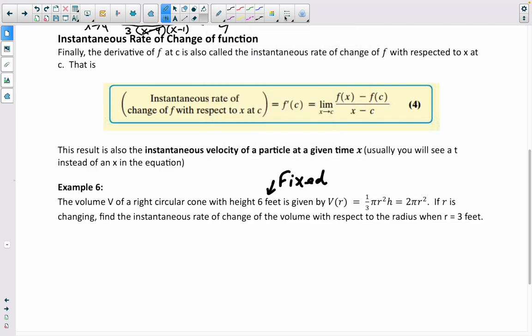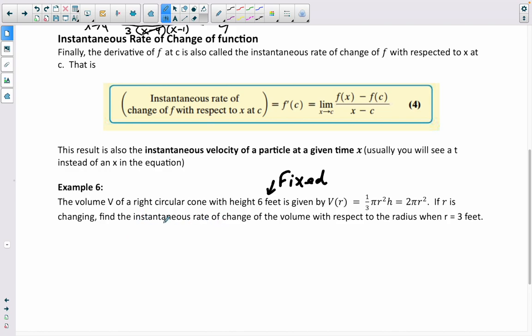That can change depending on the conditions or the parameters of different problems. So in this right circular cone, r is changing, right? If r is changing, the height is fixed. You can imagine the cone getting thinner and thinner and thinner, but the height staying the same.